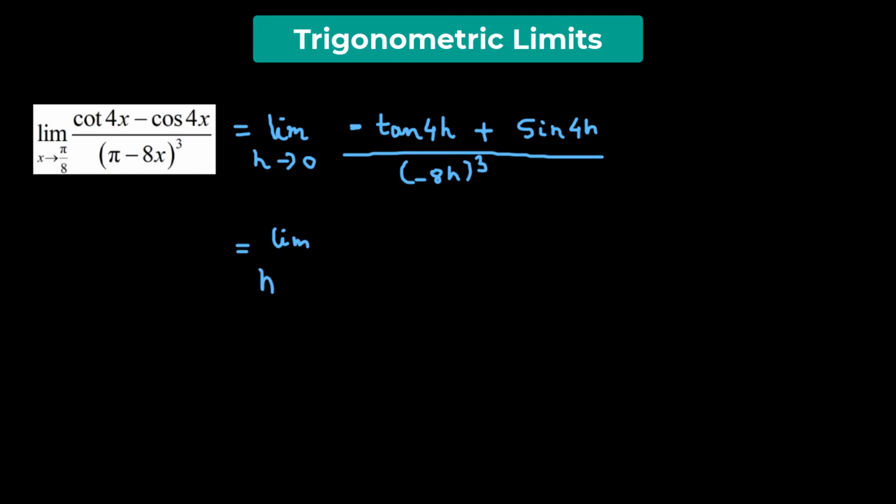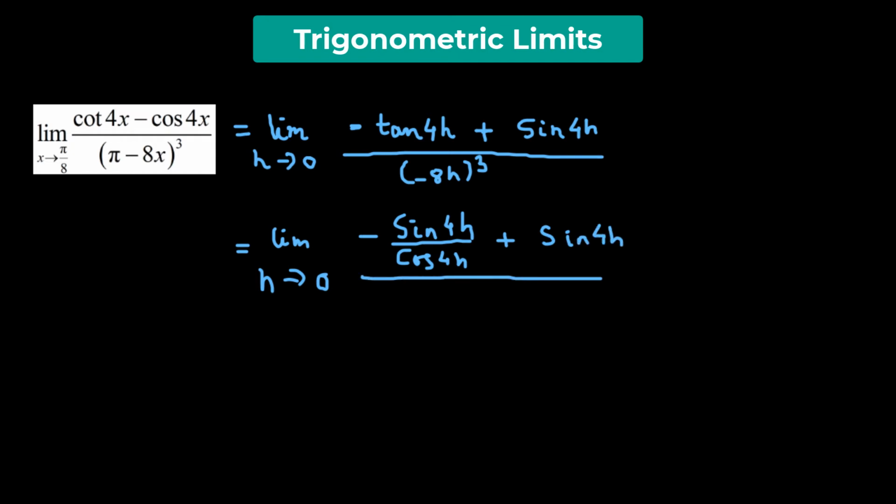So we have limit h approaching 0, negative sine of 4h over cosine of 4h plus sine of 4h, divided by negative 8 whole cubed times h cubed.